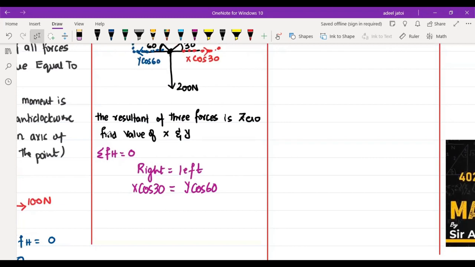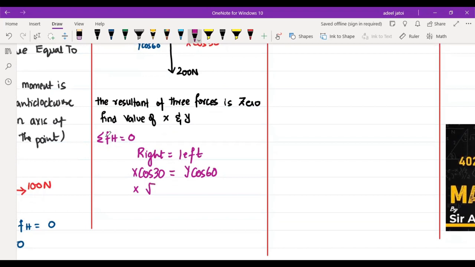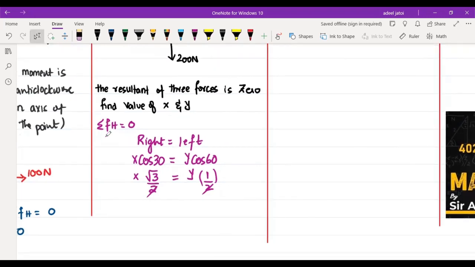Knowing that cos 30 is root 3 upon 2 and cos 60 is 1 upon 2, the 2 and 2 cancel, so we are left with y equal to root 3 x. Now this becomes your equation 1.